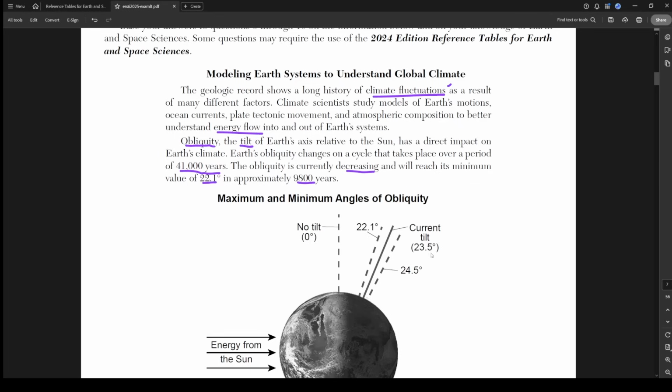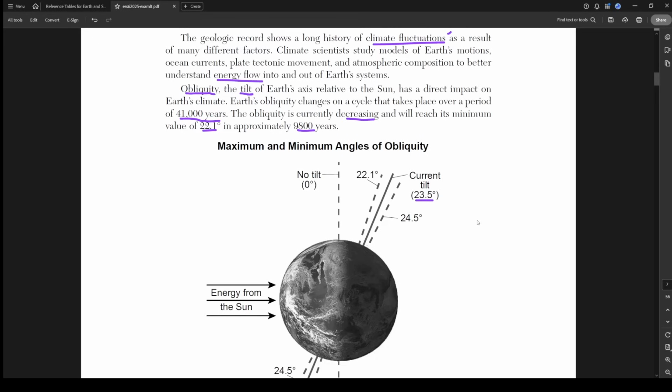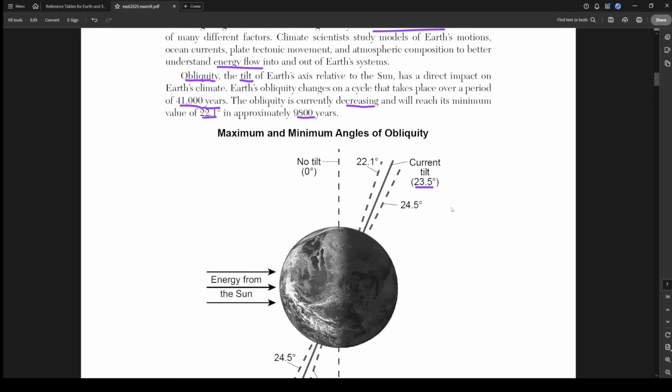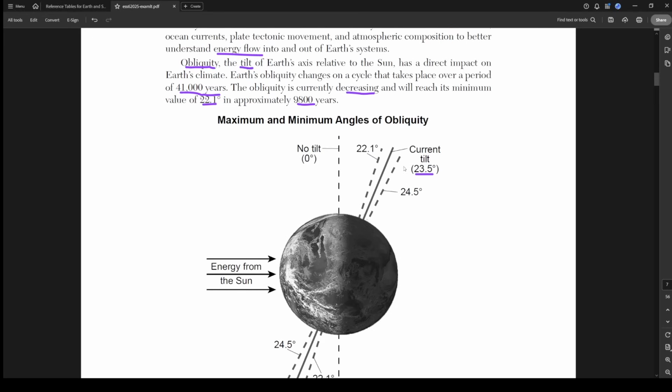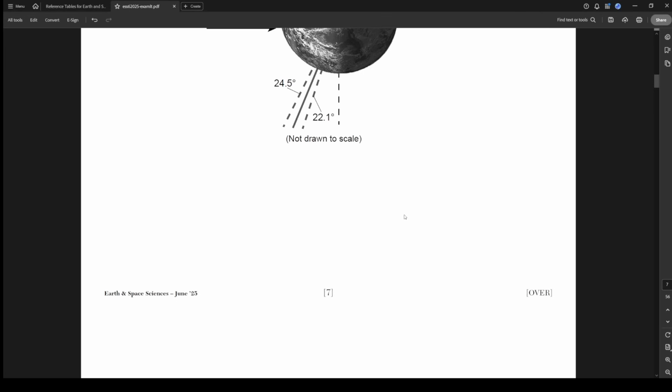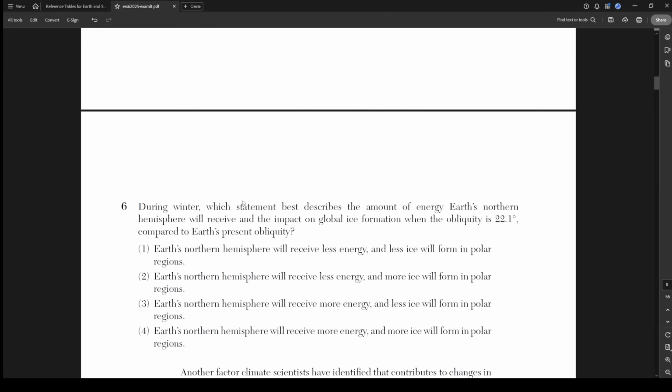And it tells you that we're currently tilted 23.5. Okay. Seems straightforward. During the winter, which statement best describes the amount of energy Earth's northern hemisphere will receive and the impact on global ice formation when the obliquity is 22.1 compared to the present, which is 23.5?